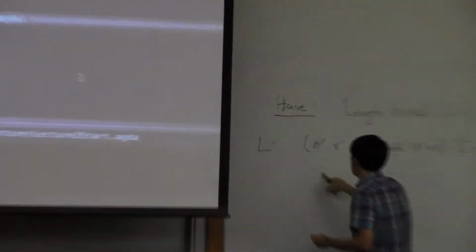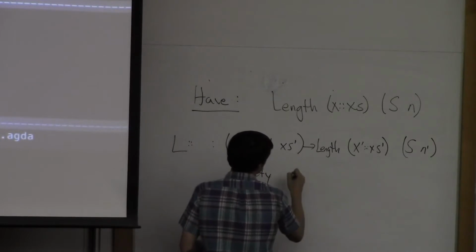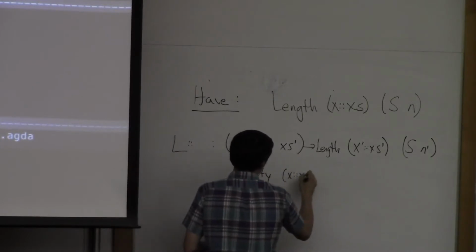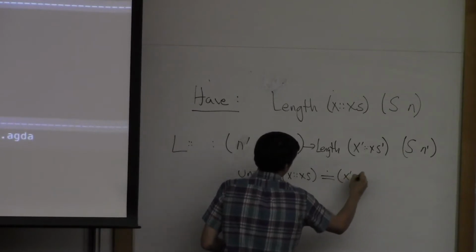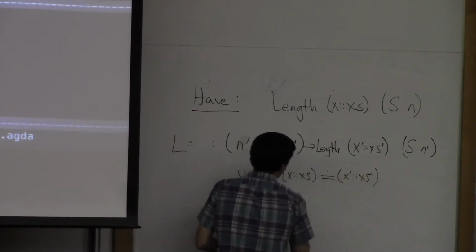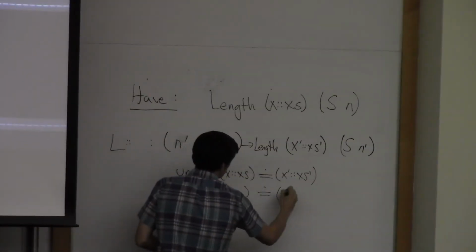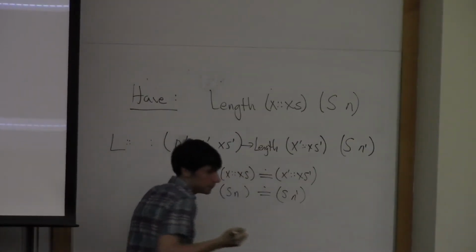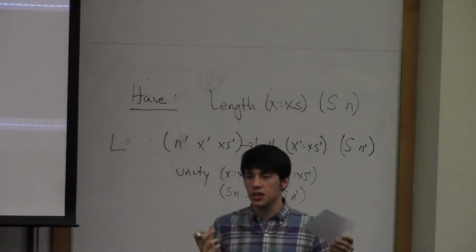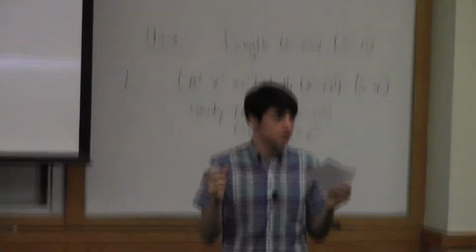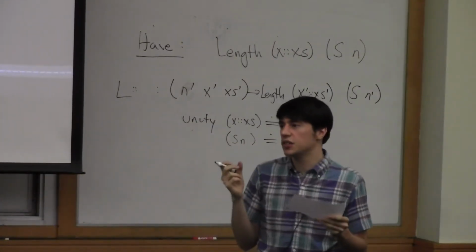Okay. So now what we do is we unify x cons x's equals x prime cons x's prime, and we unify successor of n equals successor of n prime. So we ask, find a substitution that makes these two equations hold.